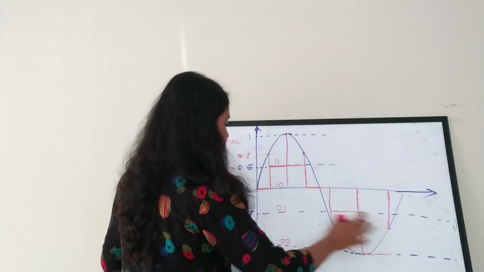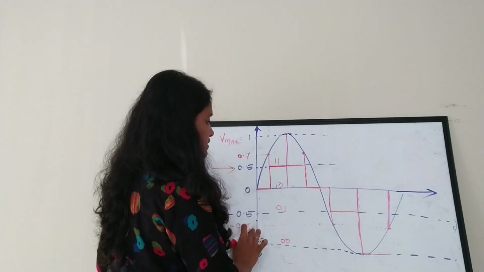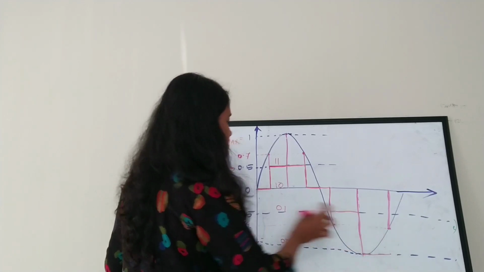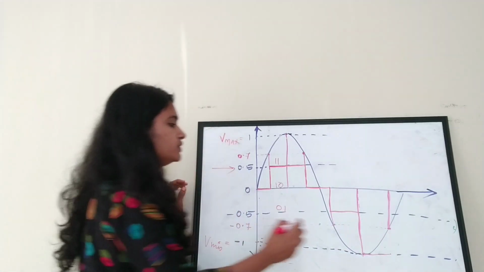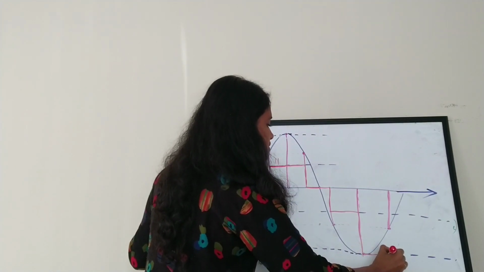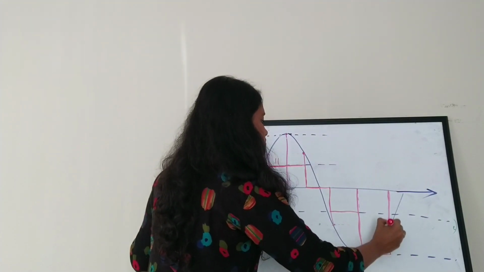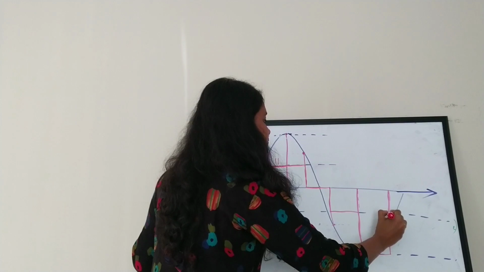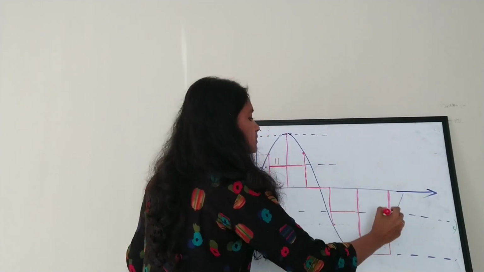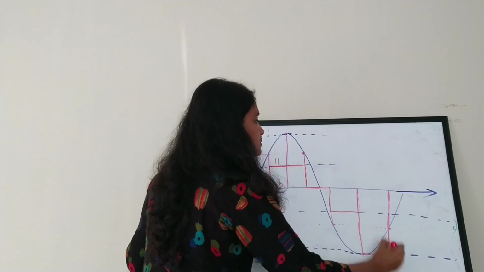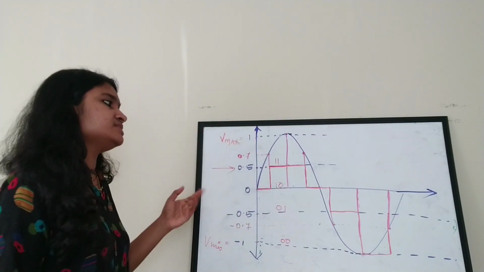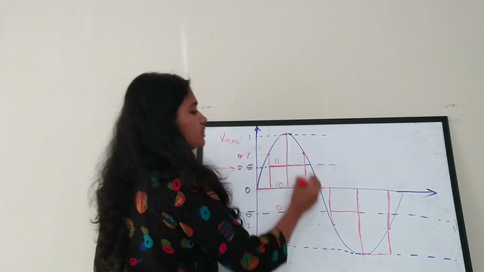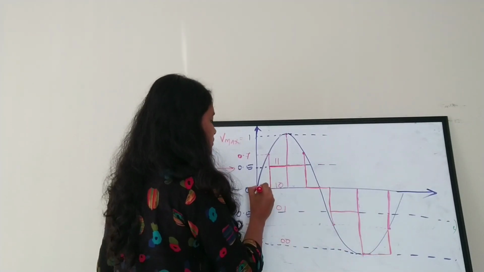The next sample is at minus 0.7, and the closer value is minus 0.5, so we select that. This many samples we have selected, so the quantized signal will look like this.